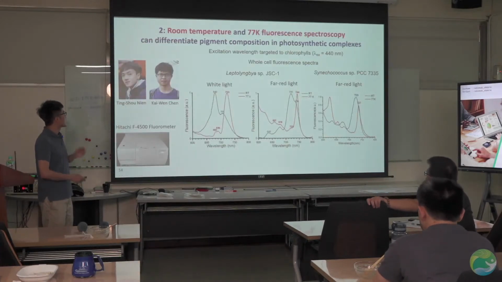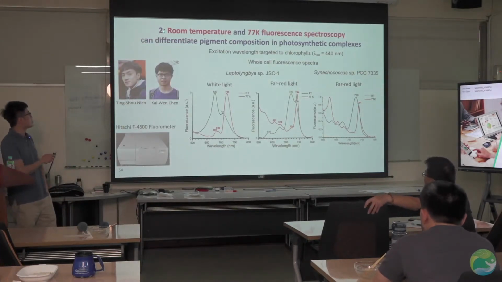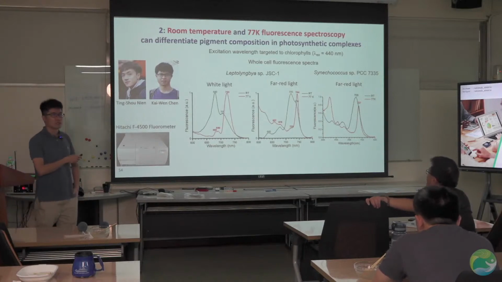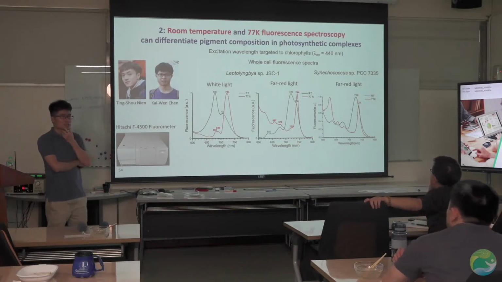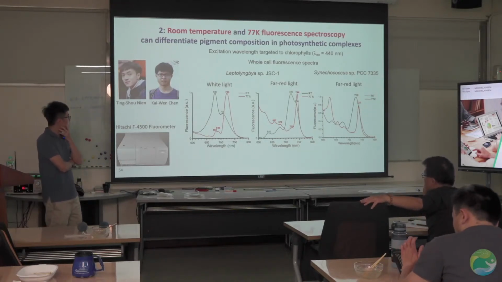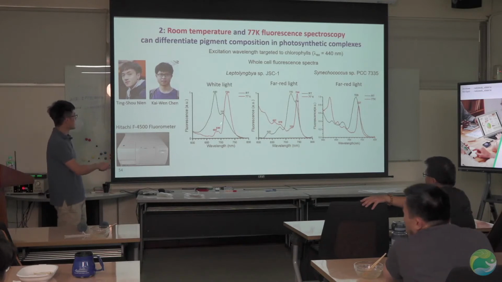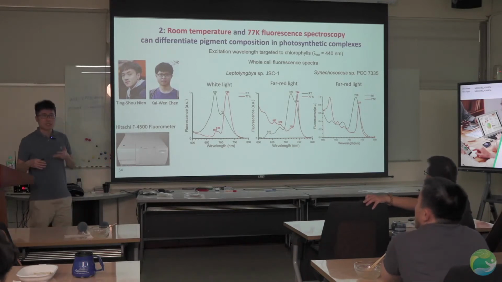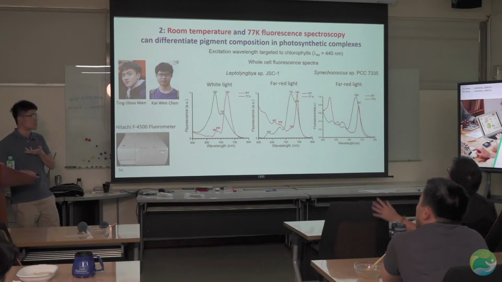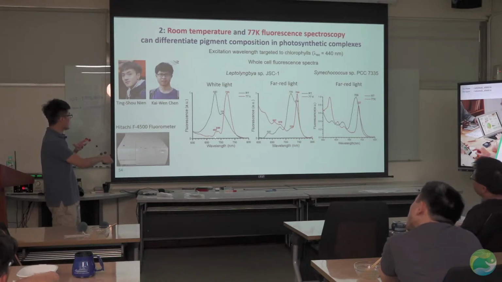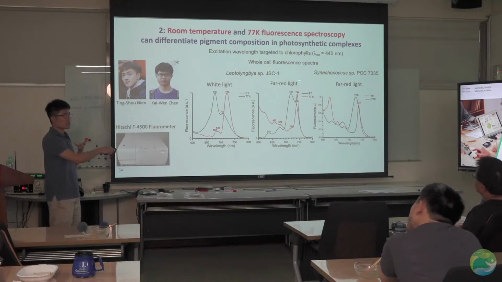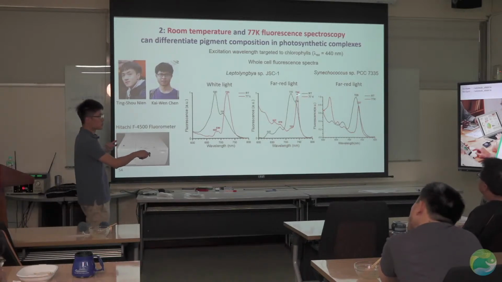And we also use fluorescence spectroscopy, including room temperature and low temperature fluorescence spectroscopy. So how is that useful? For low temperature spectroscopy, you can see differentiated fluorescence coming out from photosystem 2 or photosystem 1. So these signals are from photosystem 2 and these from photosystem 1. And that signal is different when they are under different light conditions, and also different from species to species.